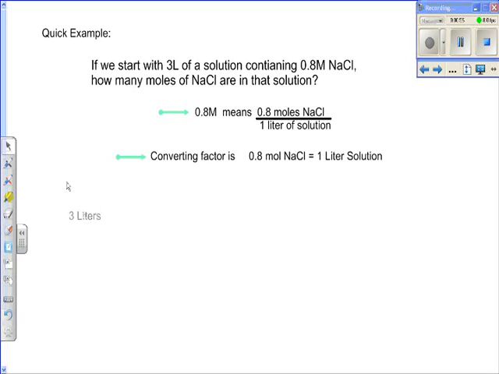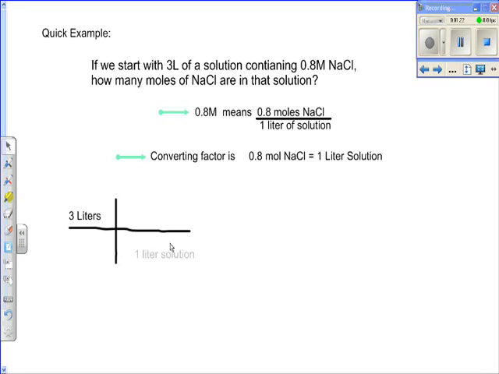We have 3 liters of solution. That's what we're starting with. And I'm used to doing it via a T-chart or H-chart. So that's what this is. It's the same as the multiplication sign. But we have 3 liters up here. So in order to cancel out liters, we need to put the 1 liter of solution from our converting factor on the bottom.